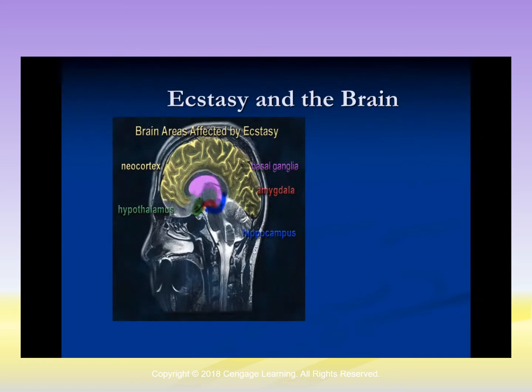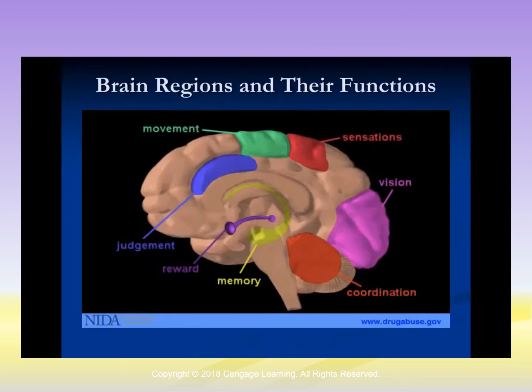Okay. So with ecstasy, we see the hippocampus, amygdala, the basal ganglia, neocortex, and hypothalamus. Okay. So thinking about these parts of the brain, if somebody is using ecstasy, the sensations and visions are increased.